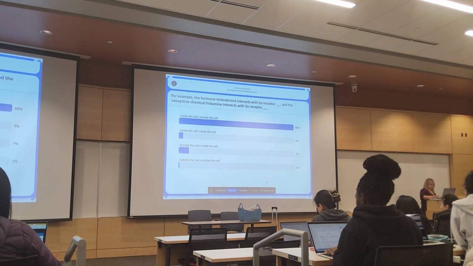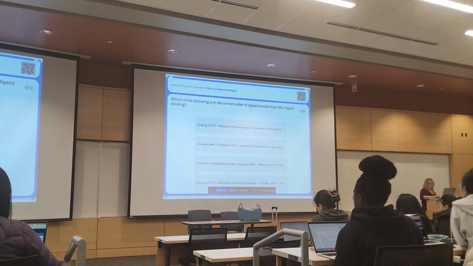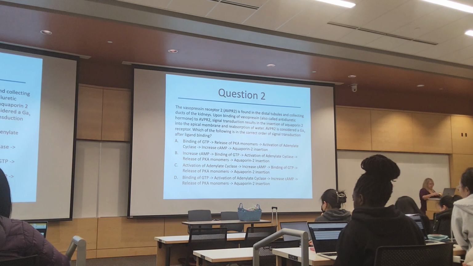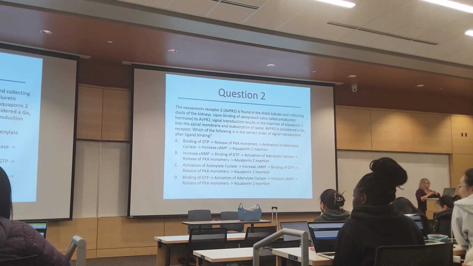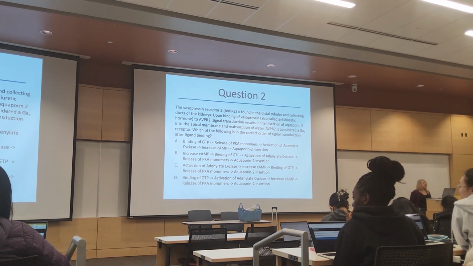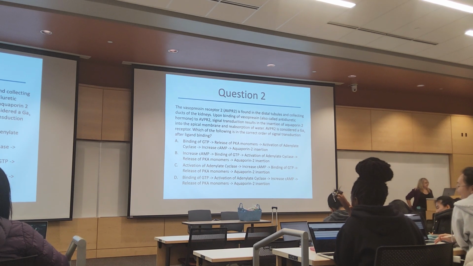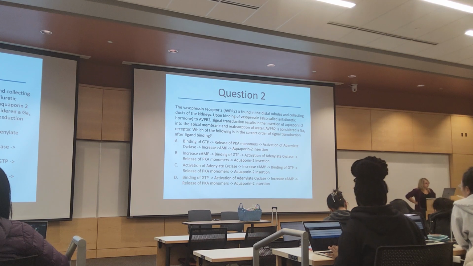Great job. Okay, let's go ahead and open the second poll while I read the question. So the next receptor we talked about here was the vasopressin receptor, or ADPR2. We talked about vasopressin last semester in patho. You know it's found in the distal tubules and the collecting ducts of the kidneys. Actually, we talked about physiology too.